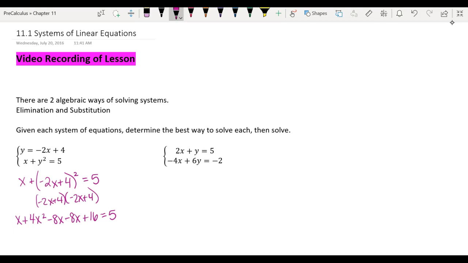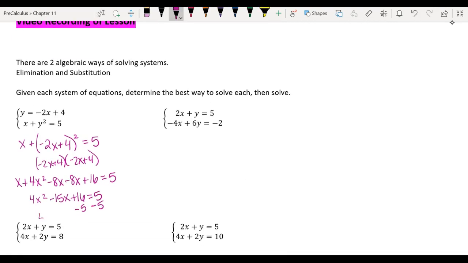What this results in then is we have 4x squared. I have an x and then two negative 8x's, and so that ends up being negative 15x plus 16 equals 5. You need to get everything on one side, so I'm going to subtract 5. So 4x squared minus 15x plus 11 is going to end up equaling 0.